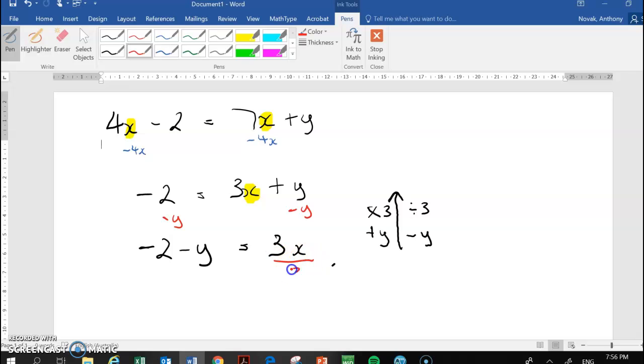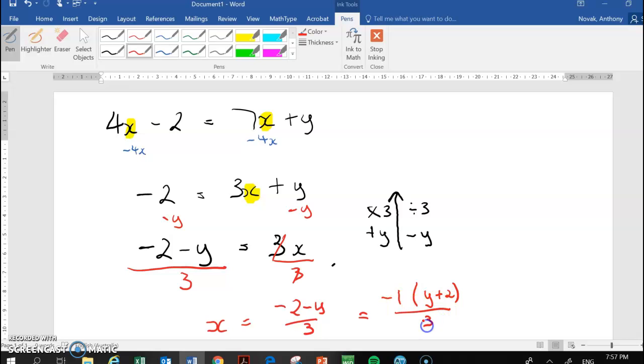All of that has to be divided by 3, and so the 3s cancel out, and we're left with x equals minus 2 minus y, over 3. Now, they have recognized that there is a common factor, and the common factor is minus 1. So that's why they might have something like this.